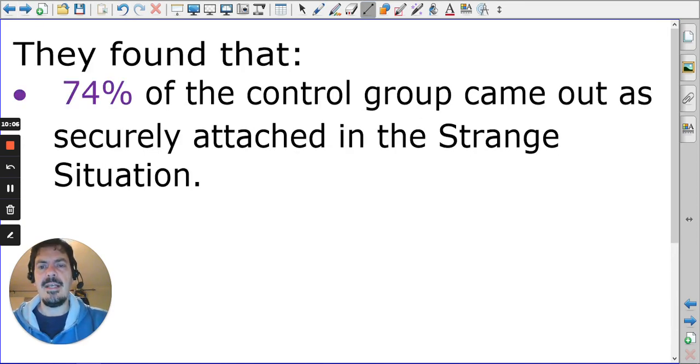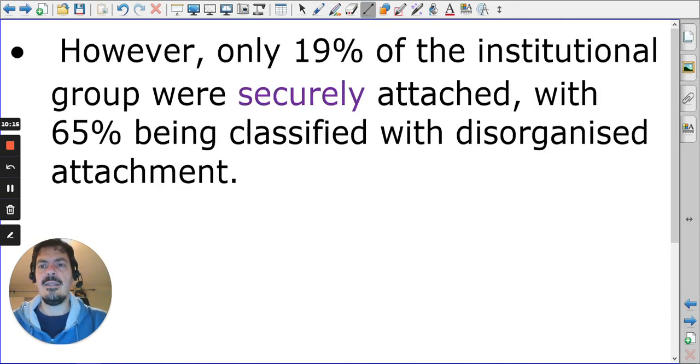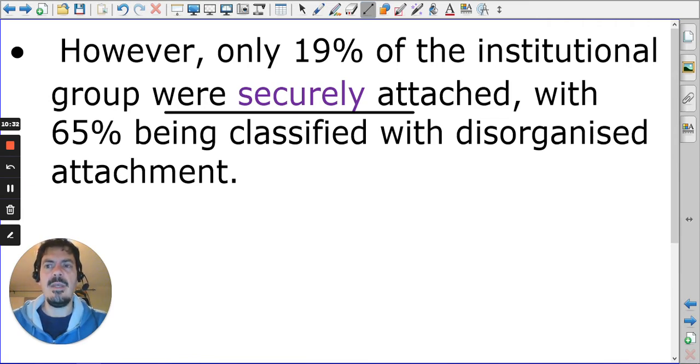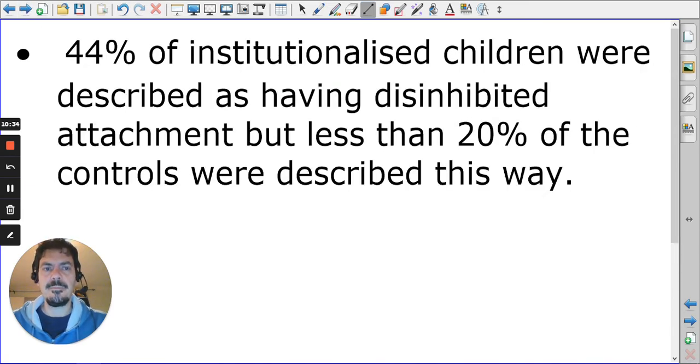We find that a control group comes up as being securely attached in the strange situation, and that only 19% of the children who were in the institutions end up being securely attached. So this is quite significant, and we find that this disinhibited attachment may well actually be part of it, because we see that 65% of them have disinhibited attachment.